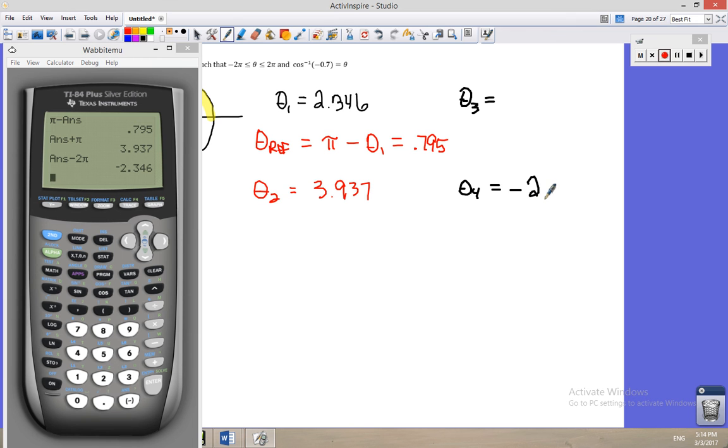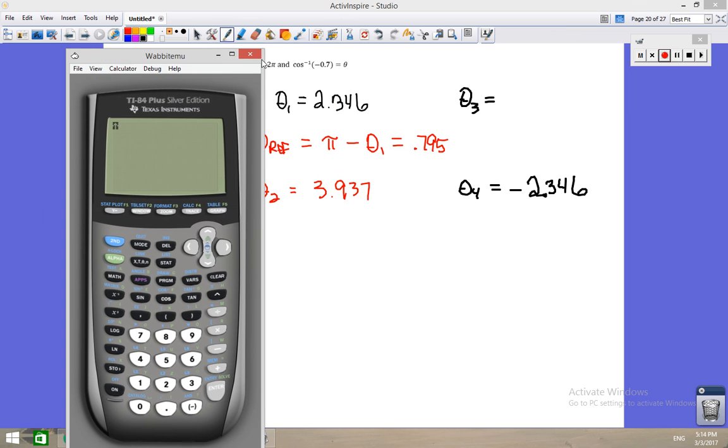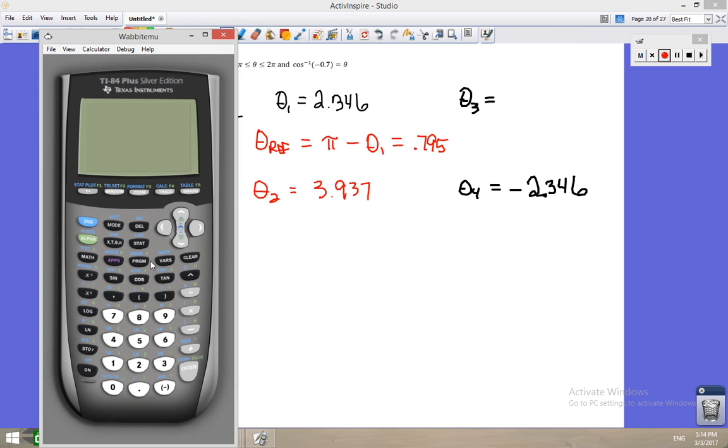So negative 2.346, and my previous answer was the inverse cosine of negative 0.7, and if I subtract 2 pi from that, that angle will be coterminal.